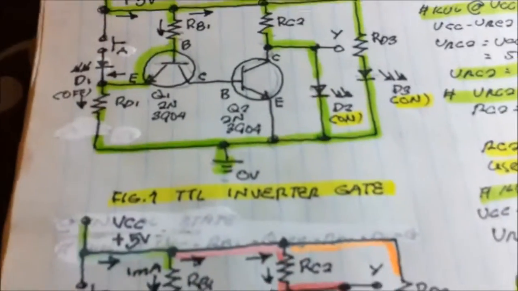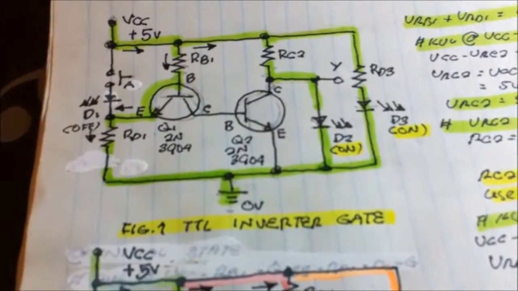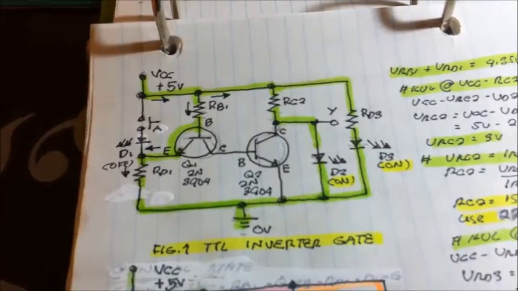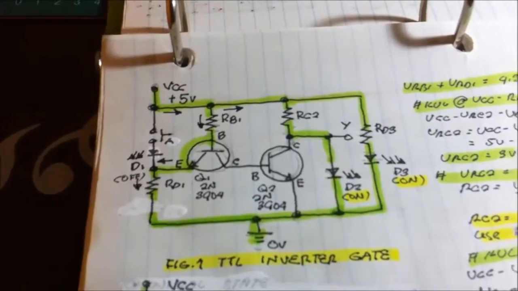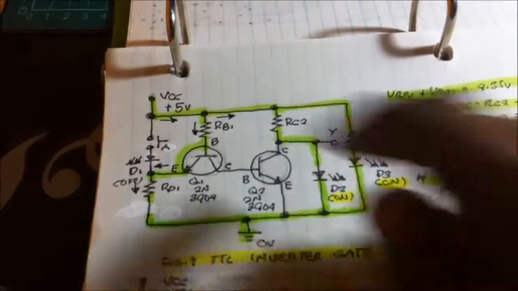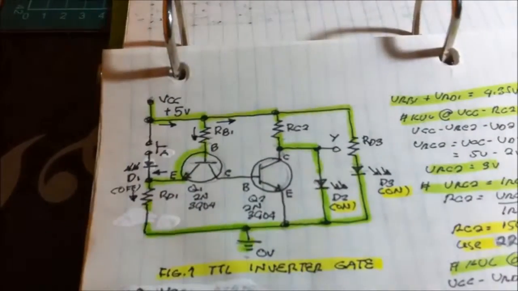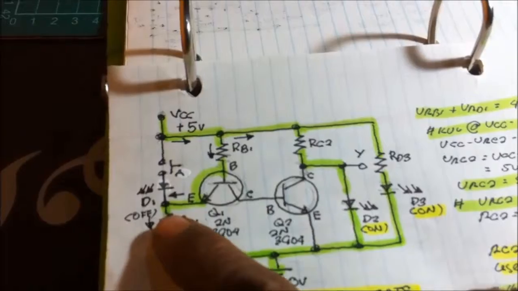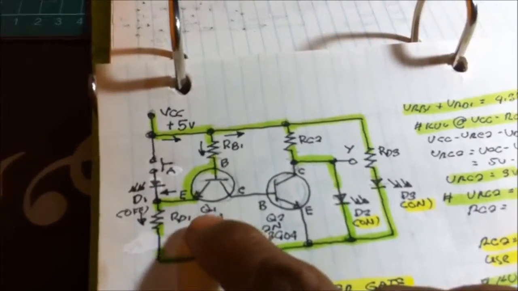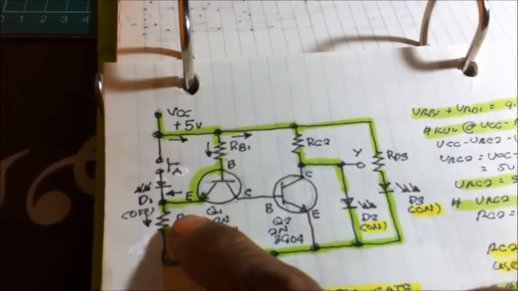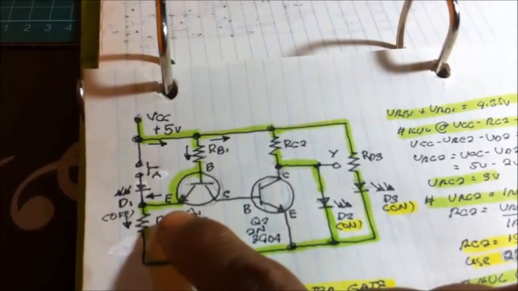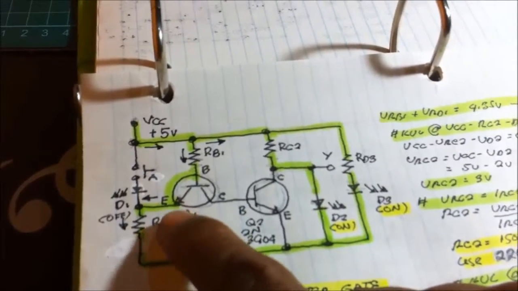This is a TTL Inverter Gate, and this is the circuit configuration. I'm using 5-volt supply. As you have seen here, we are now going to use the emitter side of the transistor as the input side.